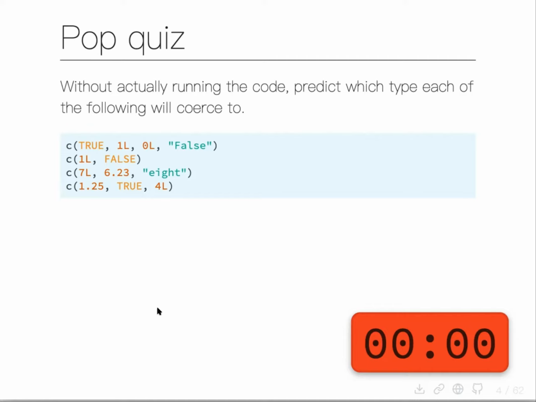Double is correct. And the reason is because double is more flexible than integer, which is more flexible than logical, right? So you can keep all of the information that you have in this vector through type double, but you can't through type integer or type logical. Either of those you would lose information, right?